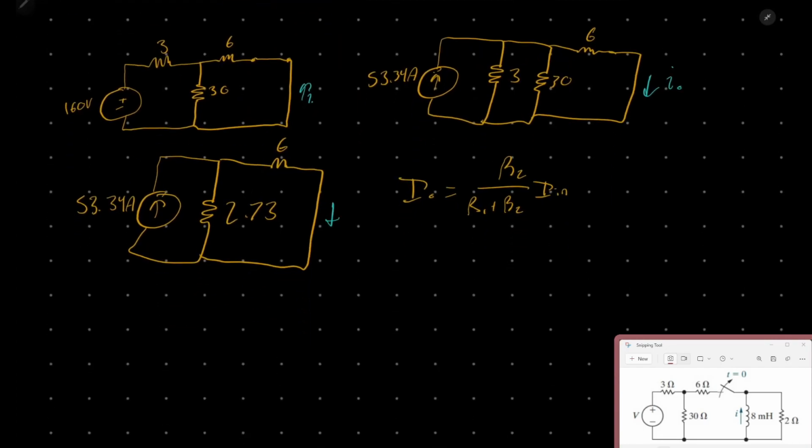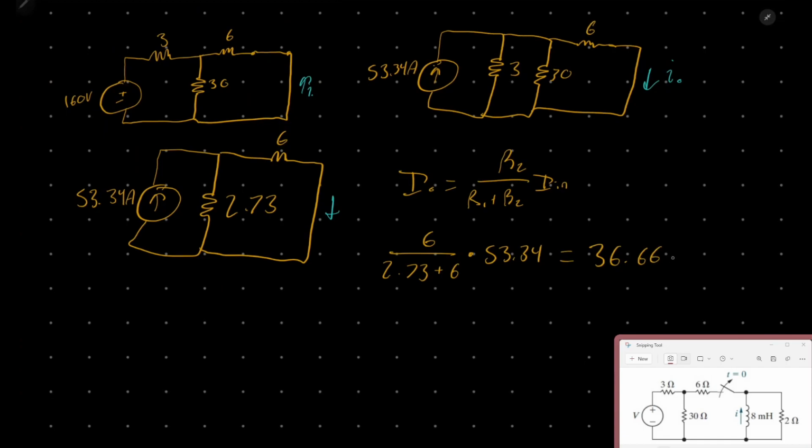So, replacing our variables, we'll get 6 over 2.73 plus 6 multiplied by 53.34. We'll plug that into our calculator: 6 divided by 2.73 plus 6 times 53.34, and we get 36.66 amps.